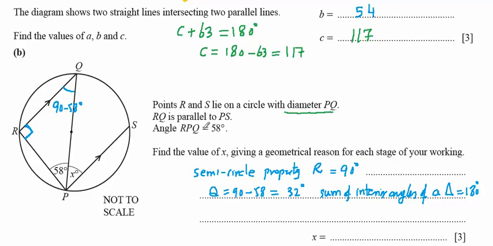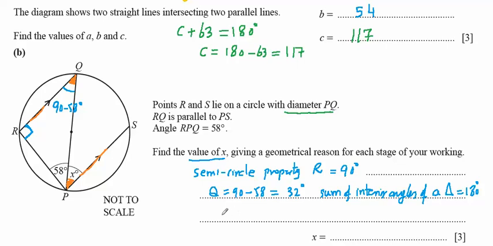Then we have to find the value of x. The major question was to find the value of x. So these two lines are parallel. This is parallel to this line. So this is the transversal, which means that this angle is equal to this angle, which is x. These are alternate angles.